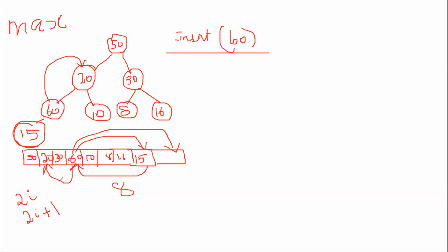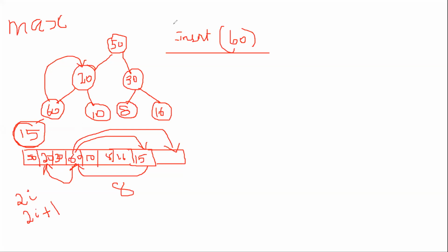You should not use a floor or ceil operator here to find the parent value, just integer division is enough. Don't apply any floor function or ceil function over here. Fine, that you know.